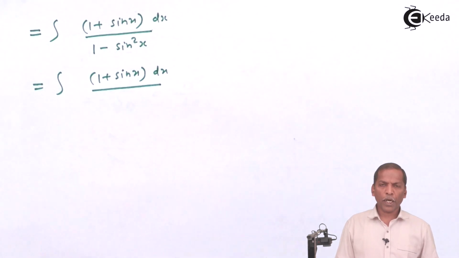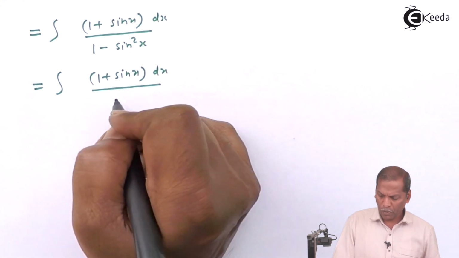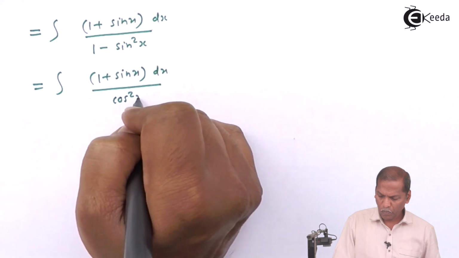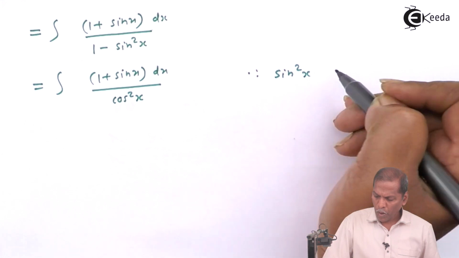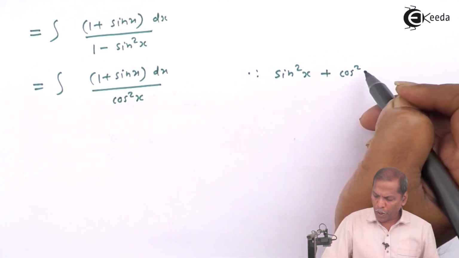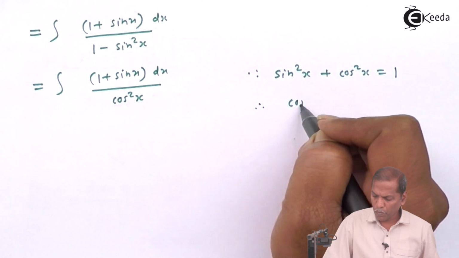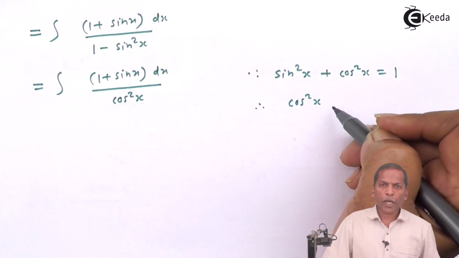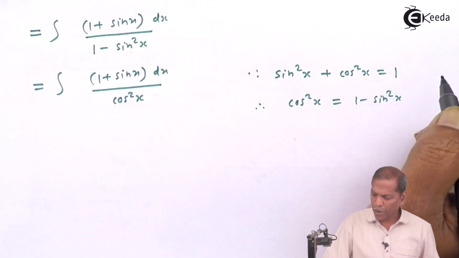Now here we use the trigonometric formula that sin square x plus cos square x is equal to 1, and therefore 1 minus sin square x can be written as cos square x. Since sin square x plus cos square x is equal to 1, therefore cos square x is equal to 1 minus sin square x.